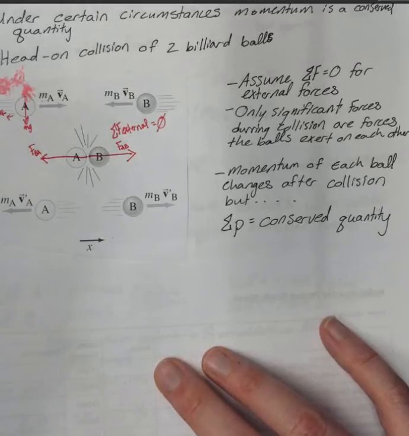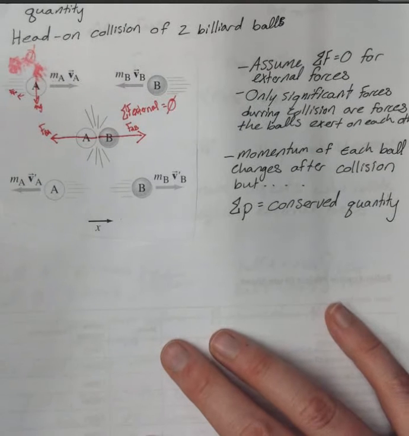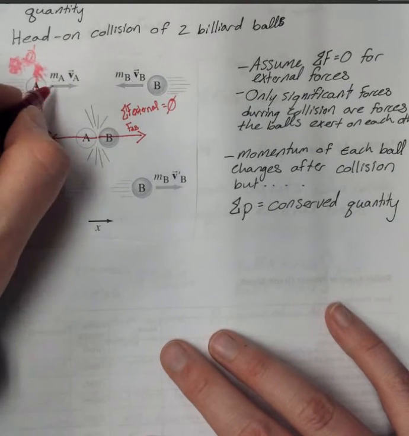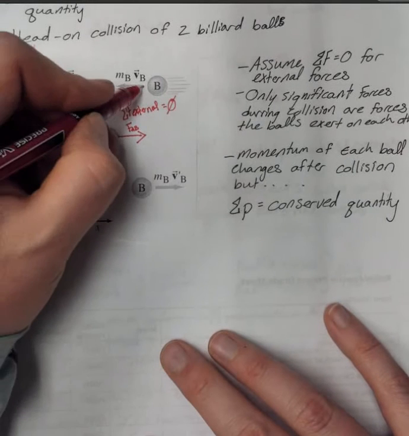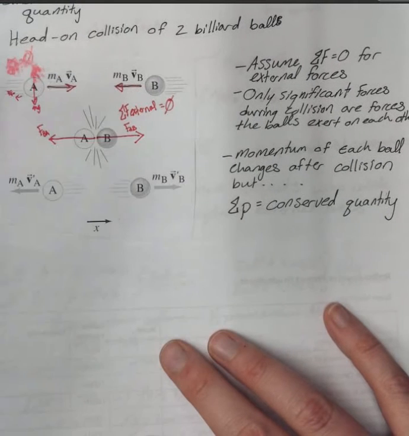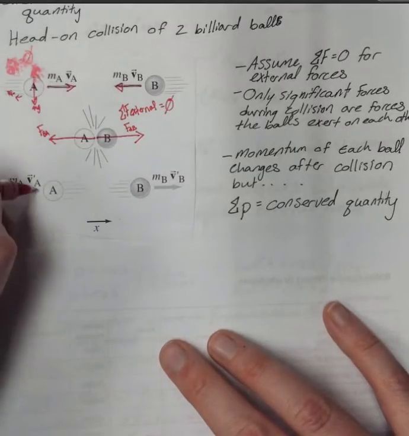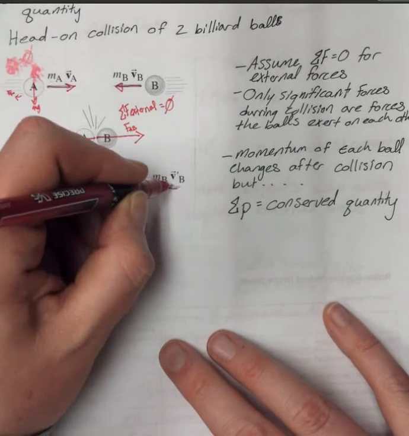If that happens, one of the things we notice is this is our momentum vector for ball A, and this is our momentum vector for ball B. We notice that after the collision, the momentum for ball A has changed at least in direction, if not in direction and size.